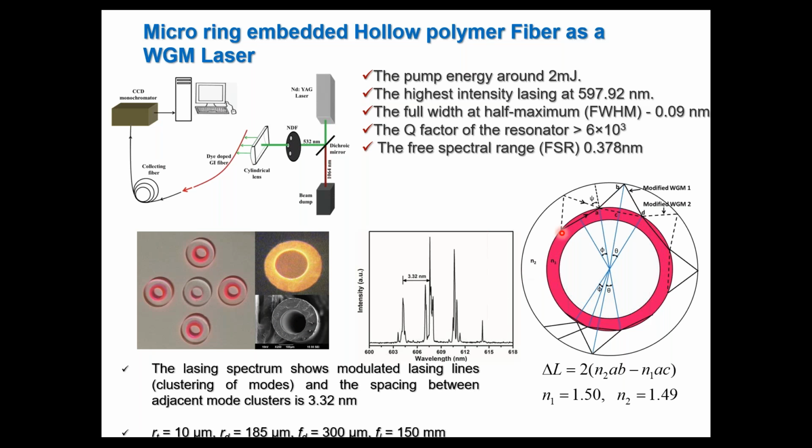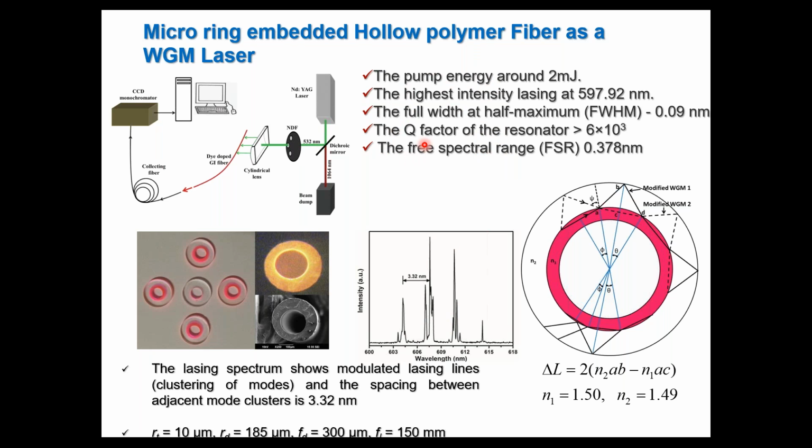This is the expanded view. So this is the cross section, and only a very thin layer of gain medium is coated on the inner wall of the tube. This is the structure, and it was pumped transversely, that is from the side, and the spectrum was analyzed.